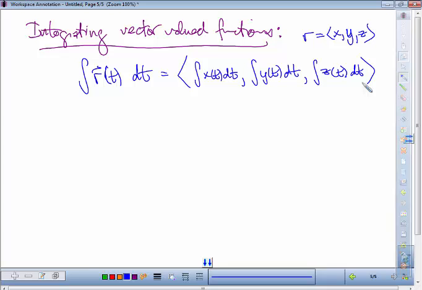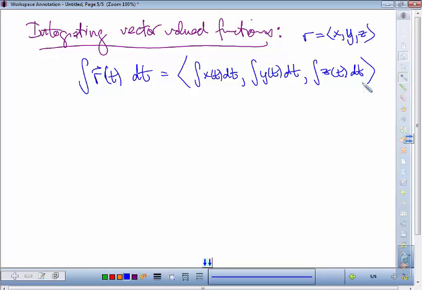This is an indefinite integral. There's no limits. If there's no limits, it's an indefinite integral. If it's an indefinite integral, what do you need to remember? Otherwise, you lose a point. Plus c. Okay. So each of these components will have a plus c, right?